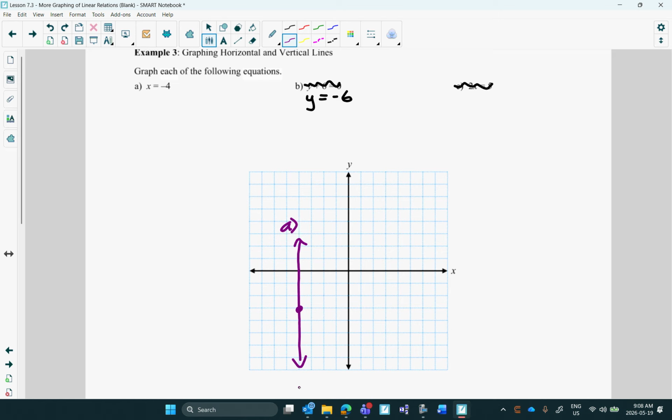Give me a number, comma, -6. 2, -6, which is there. We already said it's a horizontal line, so draw a horizontal line through that. So that's it.